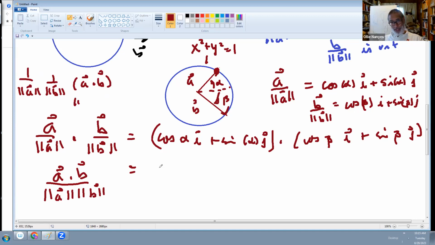Now, when we compute this dot product, we have cosine alpha cosine beta plus sine alpha sine beta.